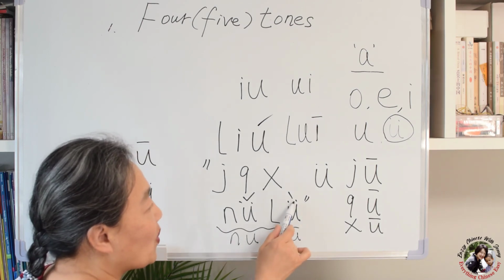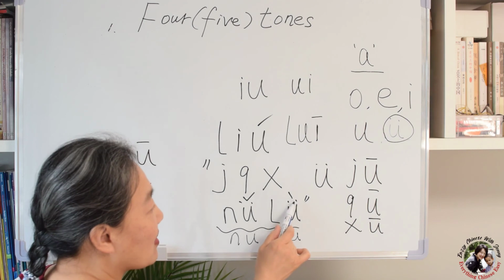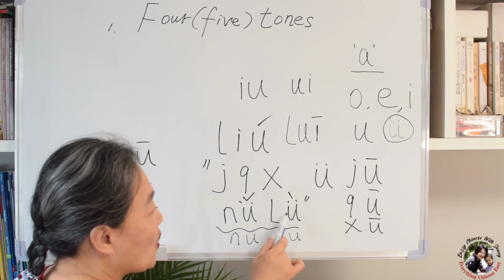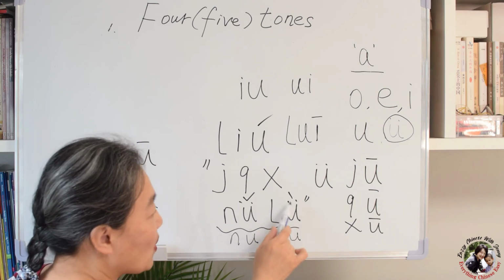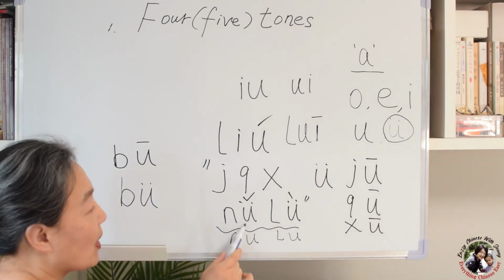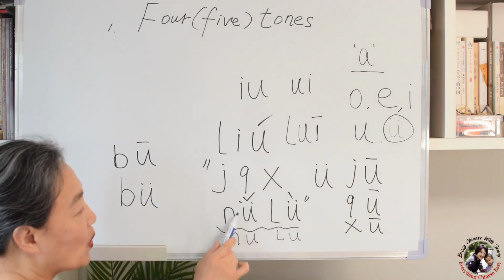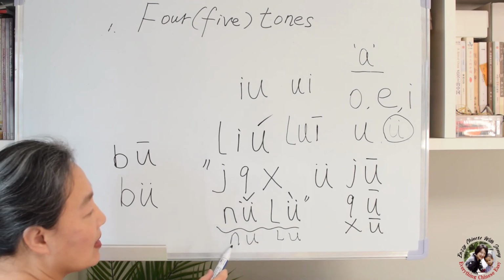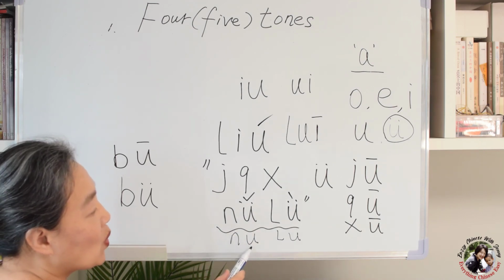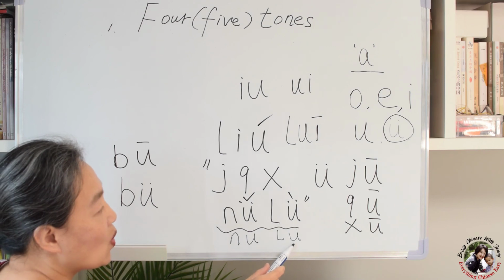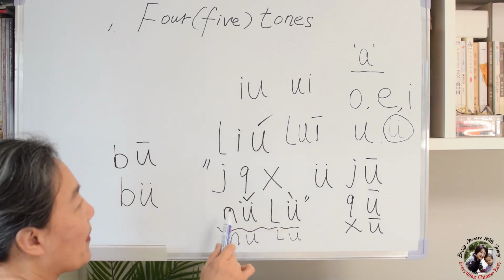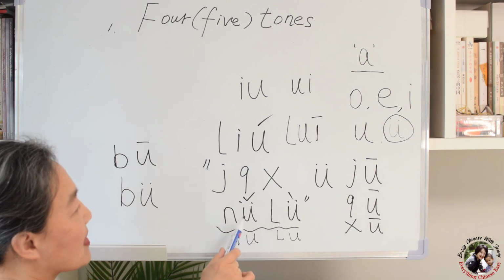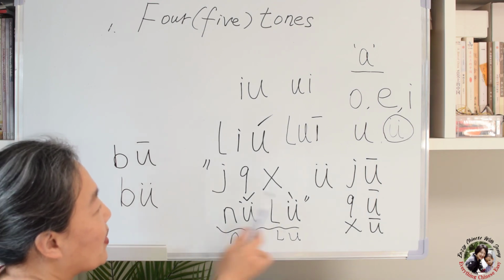But if you put the two dots on top, it should be pronounced as yu, le yu, lu. So the fourth tone is lu. Ne yu, the third tone, nu. But ne u means nu, le u, lu. So these are the exceptions about where to put the sign, how to write this pinyin.